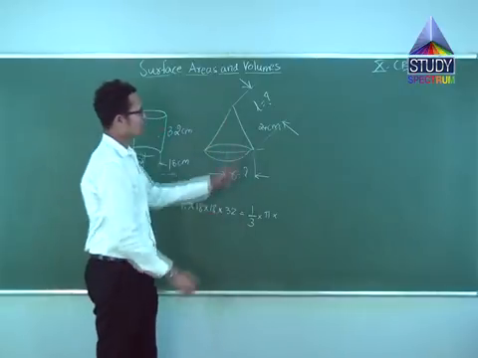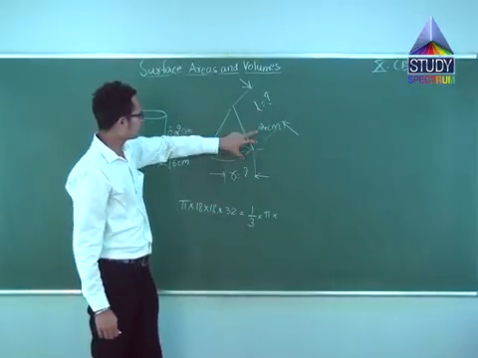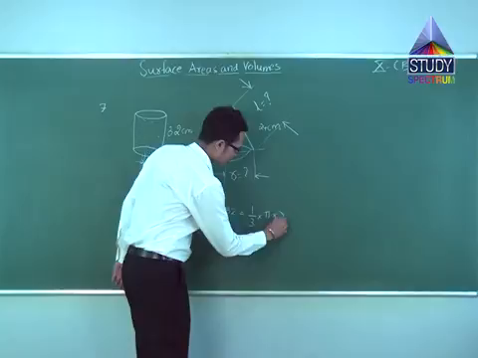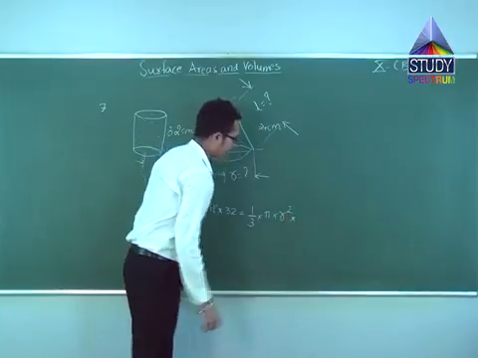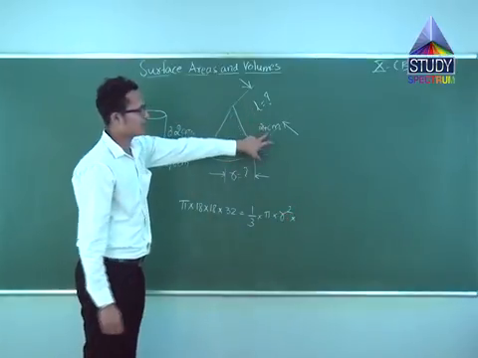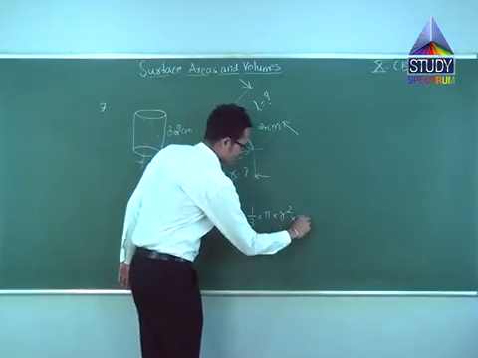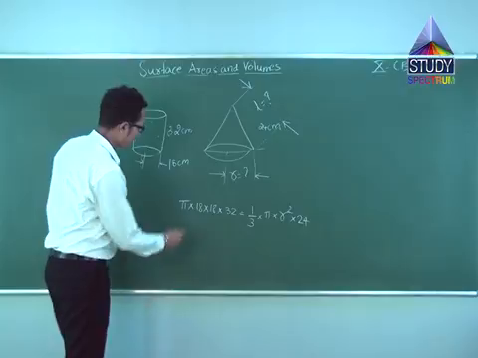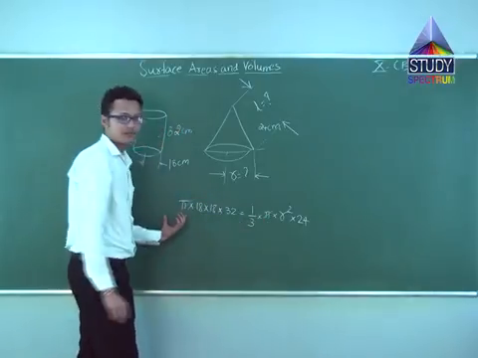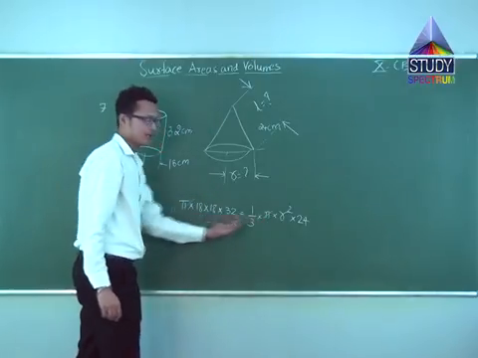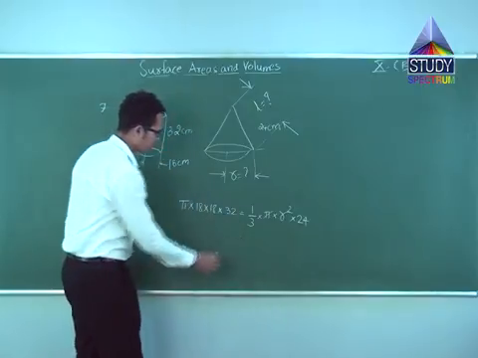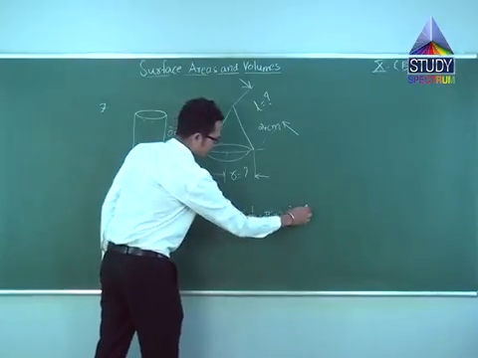R is unknown, L is unknown. We have to find out R and L. So r square, height is known here. Height is 24 centimeters, I have told you before. Pi and pi cancel on the left hand side as well as the right hand side. You have here 3 times 8.